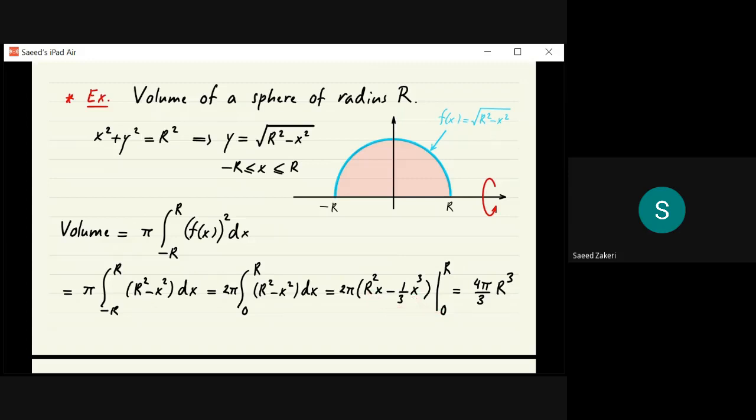That's the final answer, and it is the well-known formula for the volume of a solid sphere of radius capital R. It's 4 pi over 3 times r cubed.